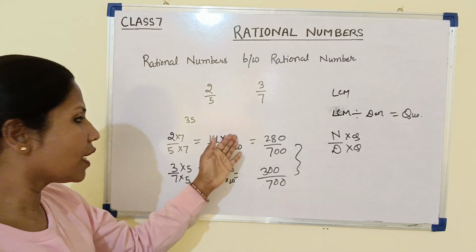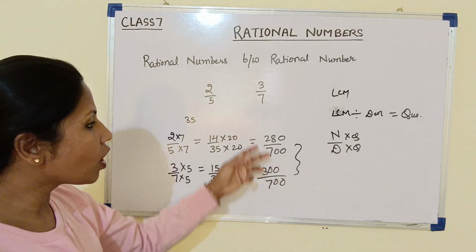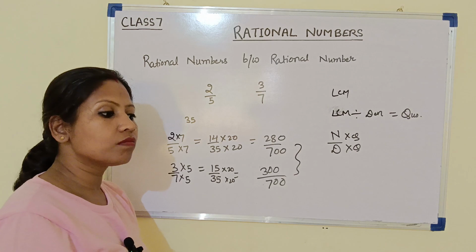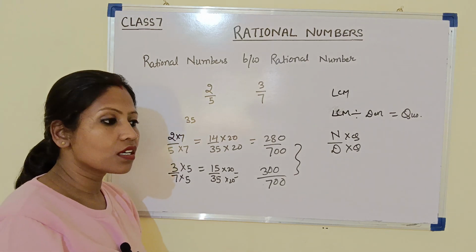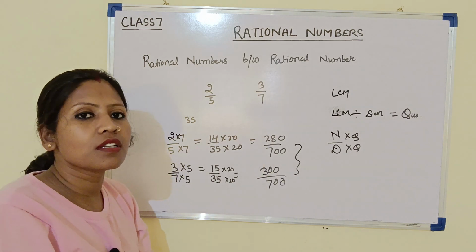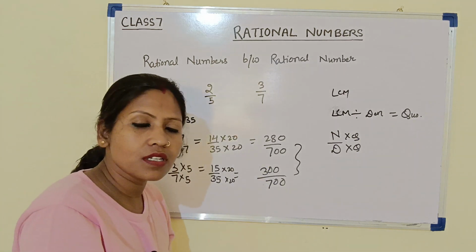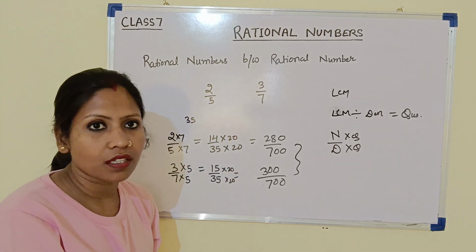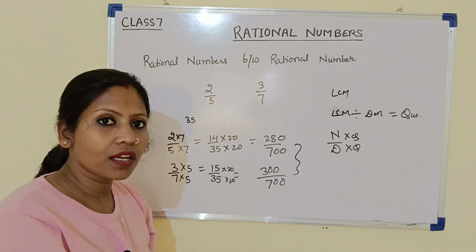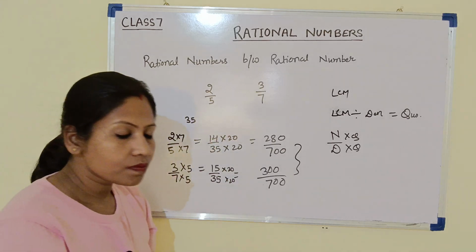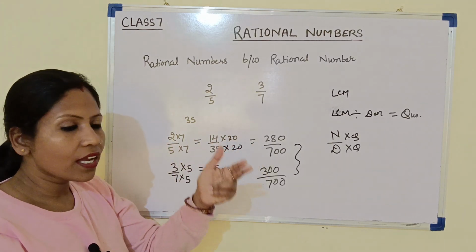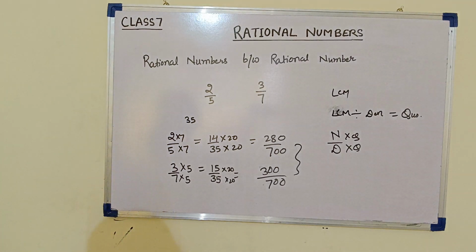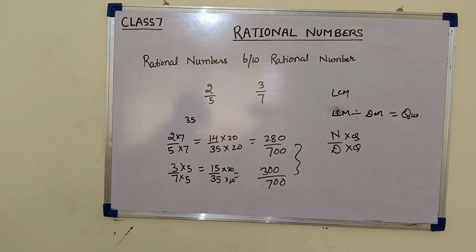Here I multiplied with 20 and got only 18 numbers in between, right? And there is no limit to say that between these two rational numbers only this many rational numbers are possible. Between any rational numbers we can write infinitely many rational numbers. The bigger the number you multiply with, the bigger the fraction you make, and the smaller the divisions get, and then we can find the rational numbers between them.